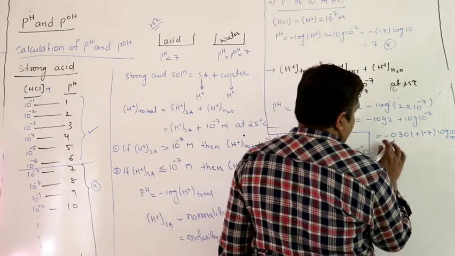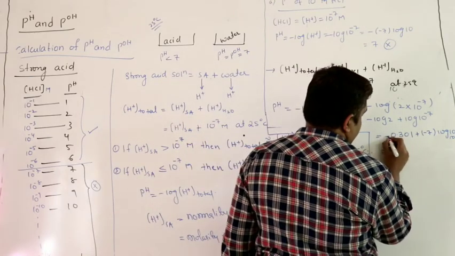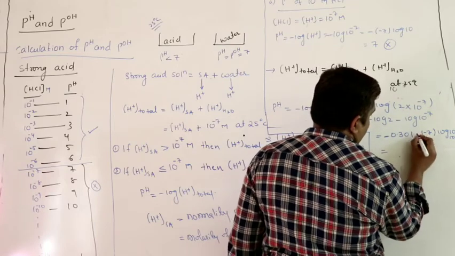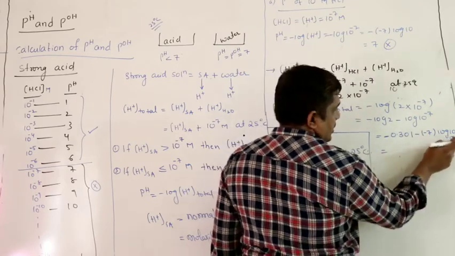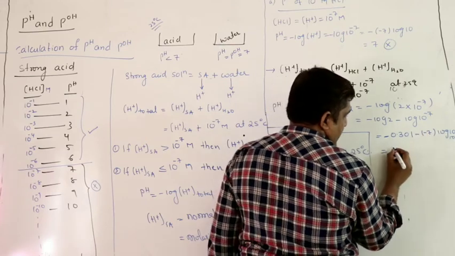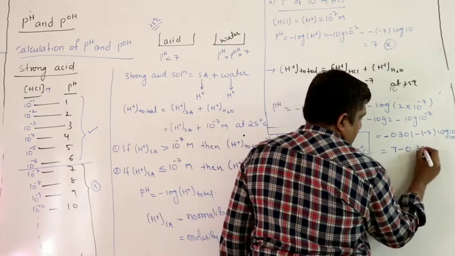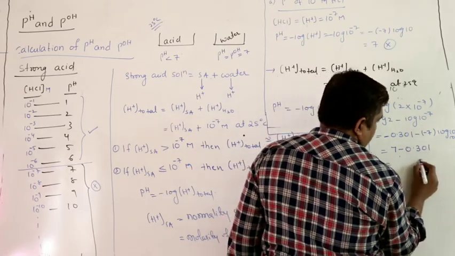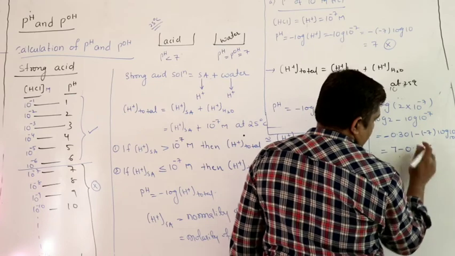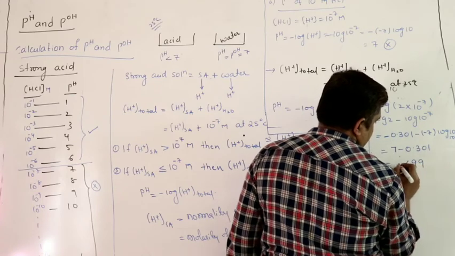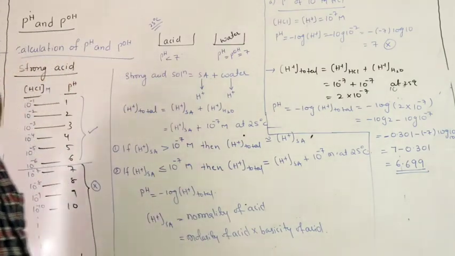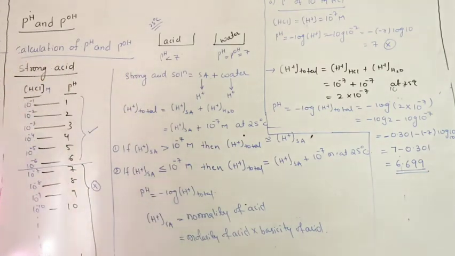Log 10 to the base 10 is 1, so minus into minus gives plus 7, 7 minus 0.301. This is the correct answer, 6.699. You can also do one more important bit.